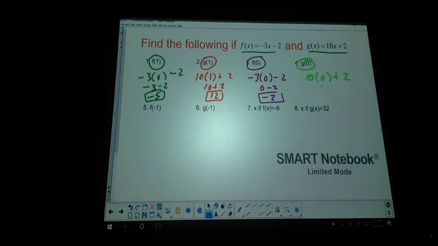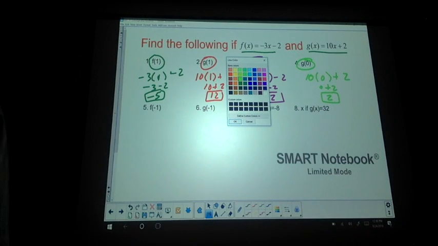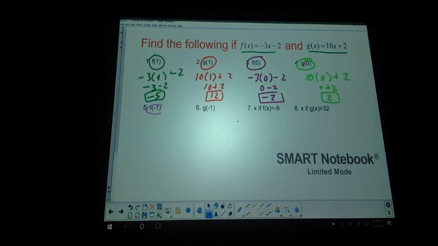That's 0. 0 plus 2 is 2. What about this one? Which one? First one, so I get negative 3. It had been x there. What am I plugging in for x now? Negative 1. So negative 3 times negative 1 is positive 3. 3 minus 2 is 1.